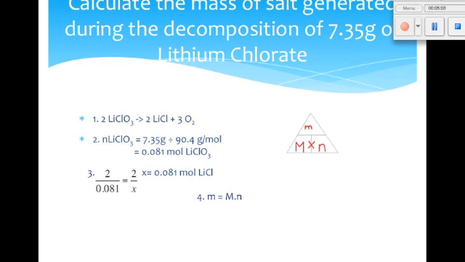Final step, we find the mass of the salt, which is lithium chloride. So we find the molar mass of lithium chloride, which would be 42.4 grams per mole, and multiply by 0.081, and we'll get the final answer of 3.45 grams of lithium chloride.